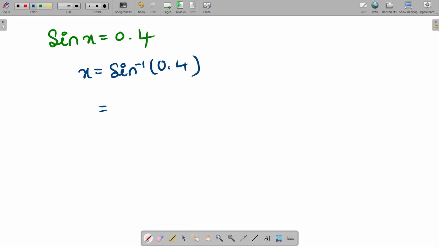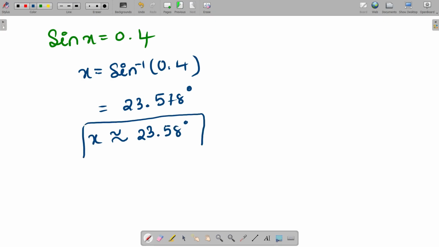Here it is mentioned that it's in degree. So just do sine inverse of 0.4. See what is the value that you're getting. Okay, I got the value as 23.578 degrees. Let's write the answer to two decimal places. So 23.58 degrees is what we're going to use as the value of x.